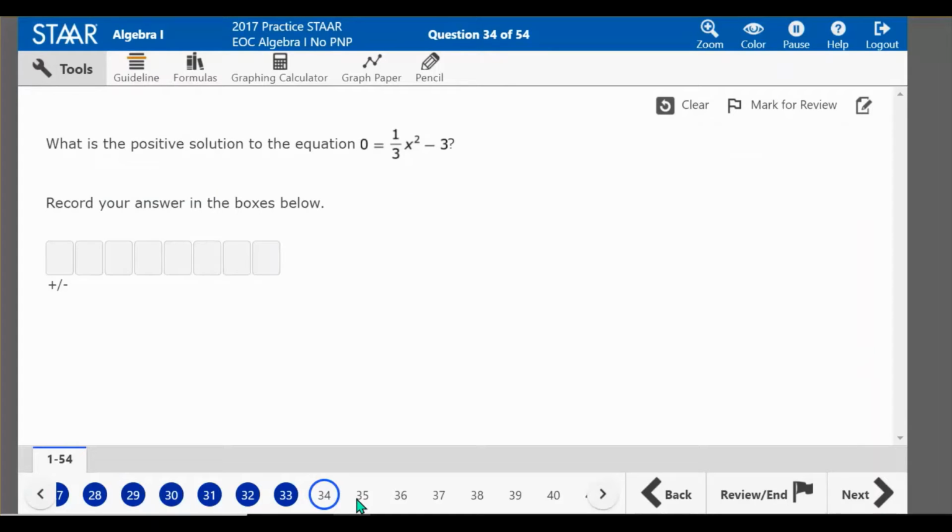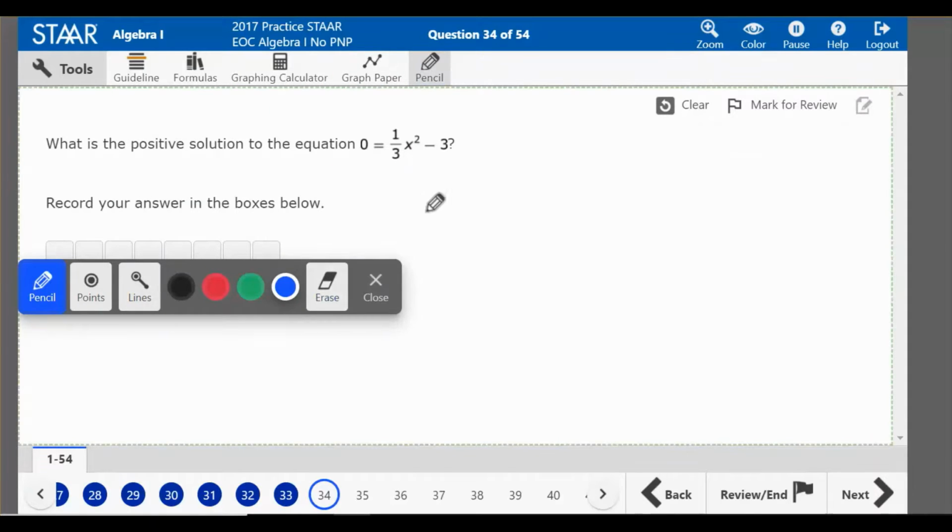What is the positive solution to the equation 0 equals -3x squared minus 3? This is another way to solve these types of equations when they don't have the x squared plus 2x plus 1 form, when it doesn't have that middle value.